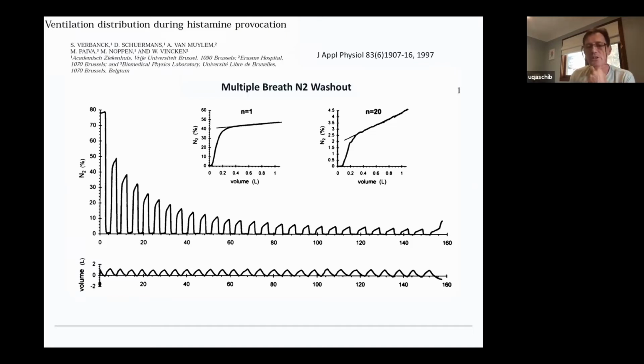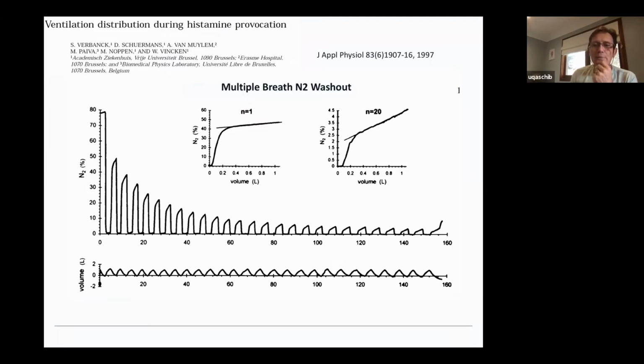Here again, it's a nitrogen curve, but it's exactly the same if you use another gas like sulfur hexafluoride. You switch the supply off, so the lung is full of 5% sulfur hexafluoride, or here nitrogen, and you just keep measuring the concentration that's exhaled breath by breath. If you look at breath number 1, you see how flat the slope 3 is.